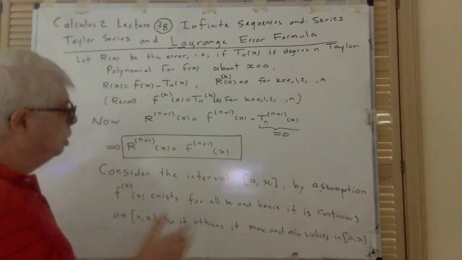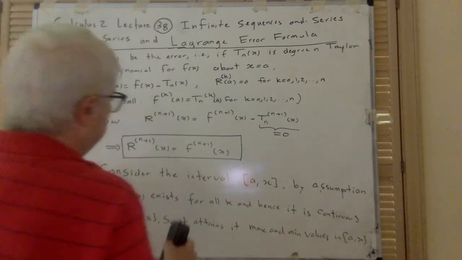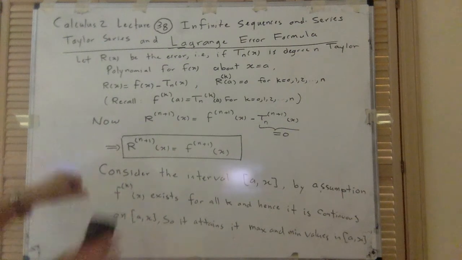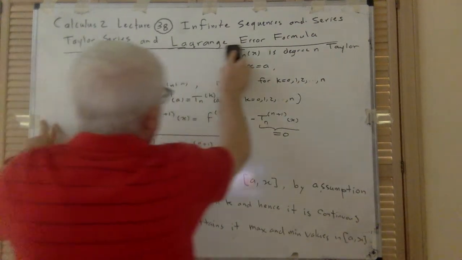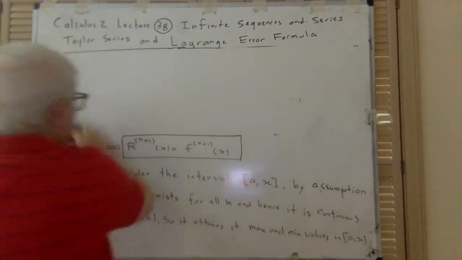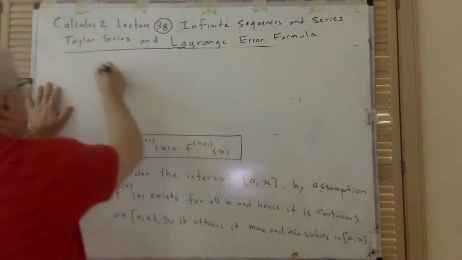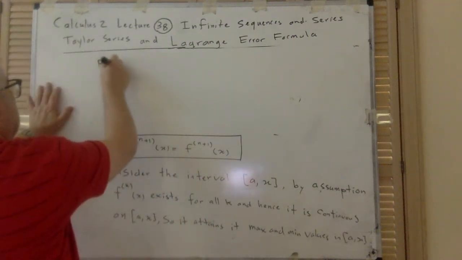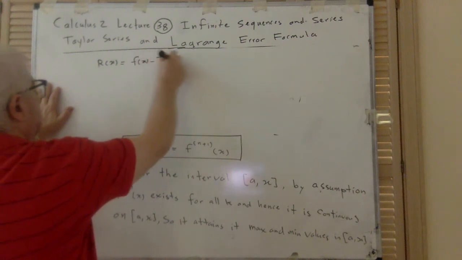Now, let's continue from this point. Let me erase this and write it up here. So we say that R(x) is f(x) minus T_n(x).